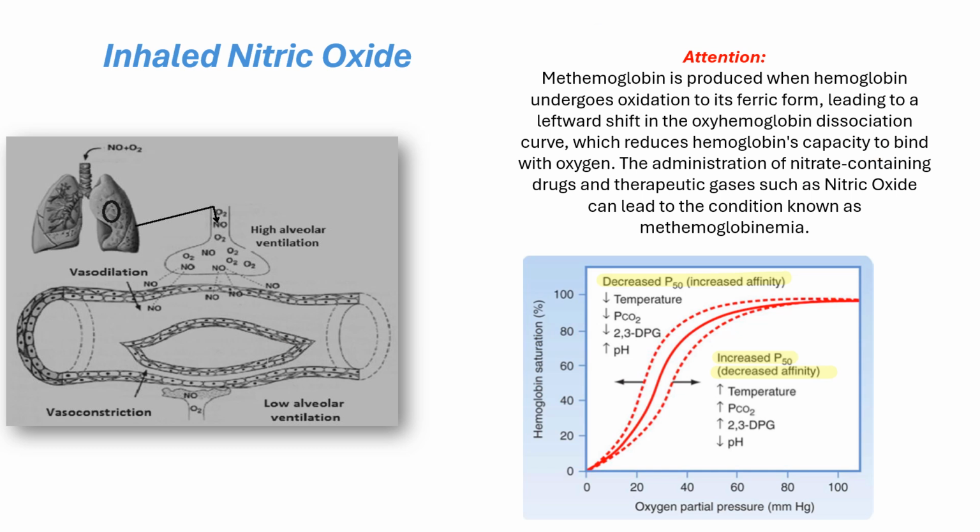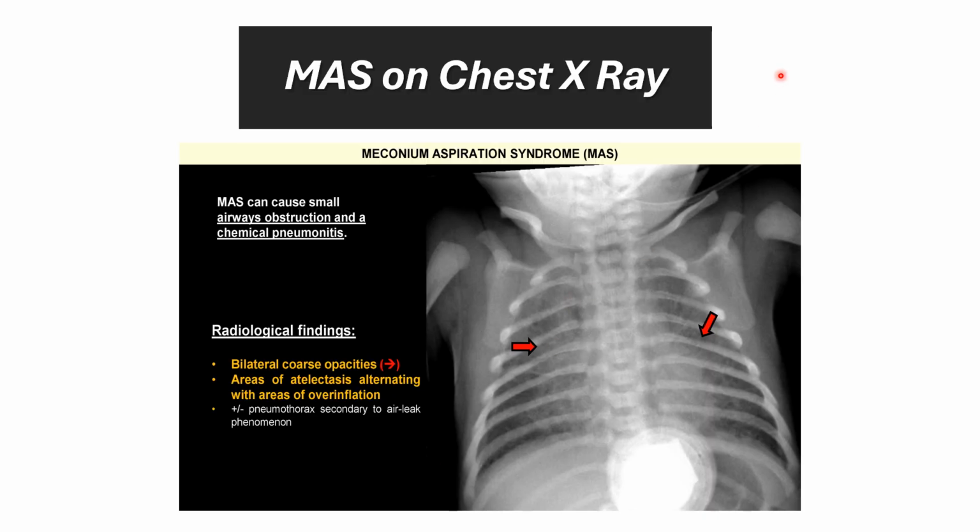Our next chapter is meconium aspiration syndrome. As you can see, this is a chest x-ray of meconium aspirate, and on the internet you can find several different x-rays.